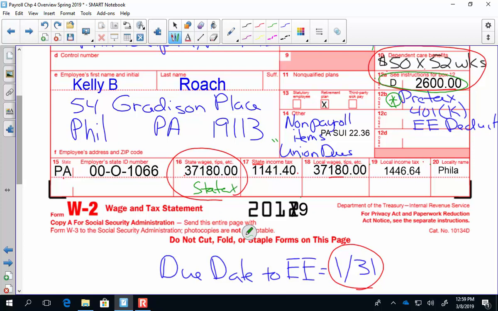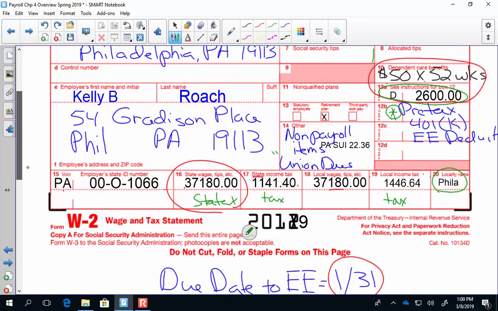We have local in this case, which is a city tax from Philadelphia of 37,180. Boxes 17 and 19 then are the tax boxes for those particular entities, both state and local, in this case city.